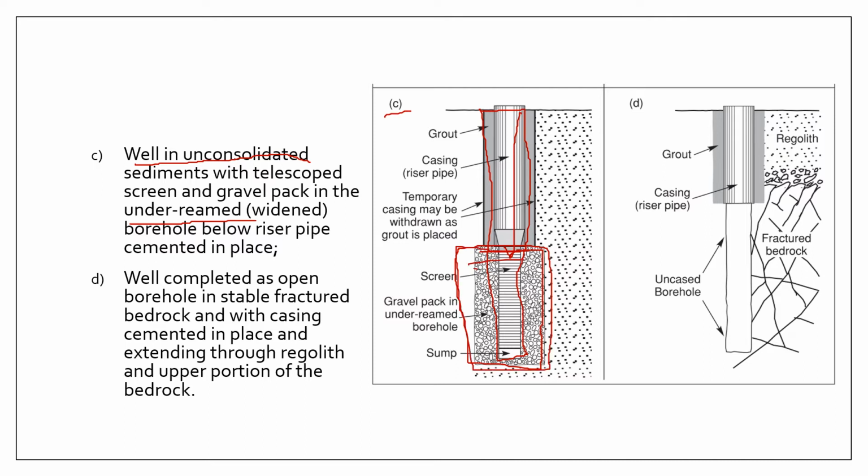The purpose of widening the hole at the bottom is, number one, it is normally easier and cheaper to drill small diameter holes, and the casing might be cheaper.